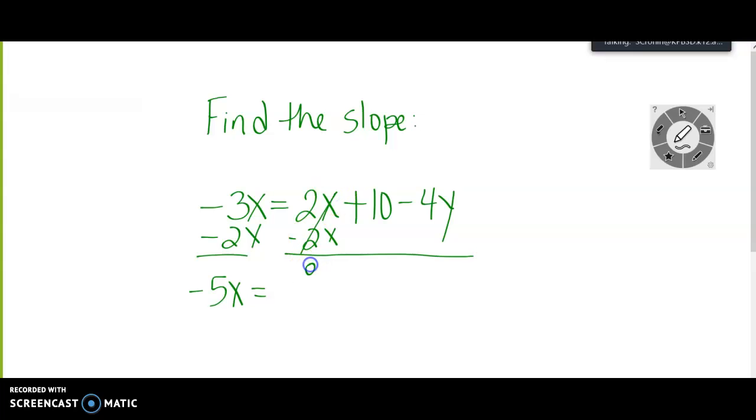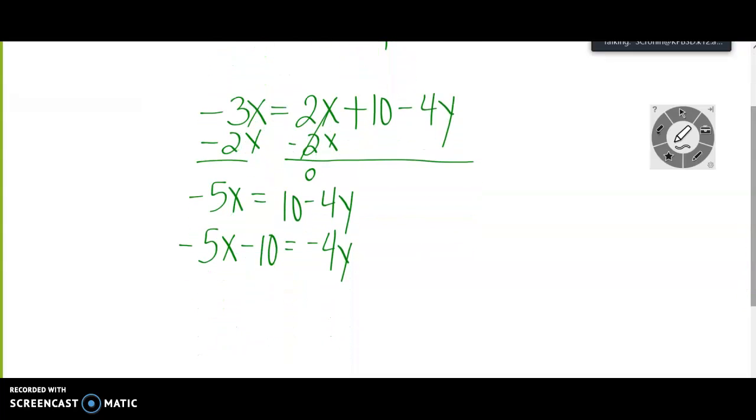I have 10 minus 4y over here. Then, there's more than one way to do it, but if I subtract 10, I have -5x minus 10 equals -4y. Divide by -4. Do it to every term when you divide. A negative over a negative makes it a positive.